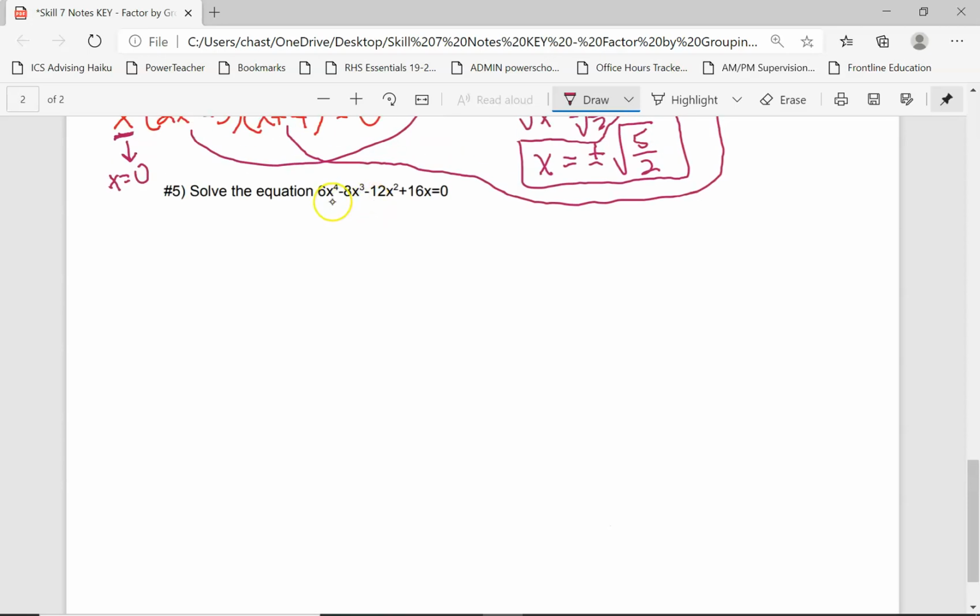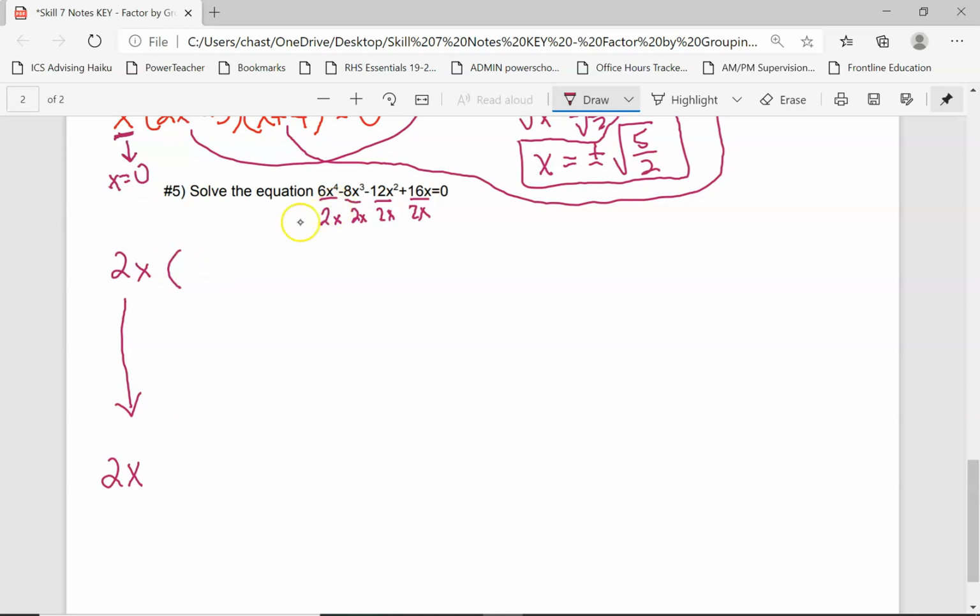This one, notice that all terms are divisible not just by x, but we can also divide by, it looks like 2. So we're going to divide by 2x. So 2x will be a factor, which we need to remember to bring down.